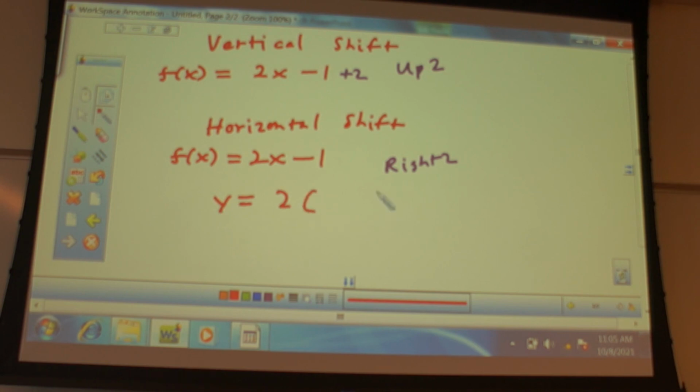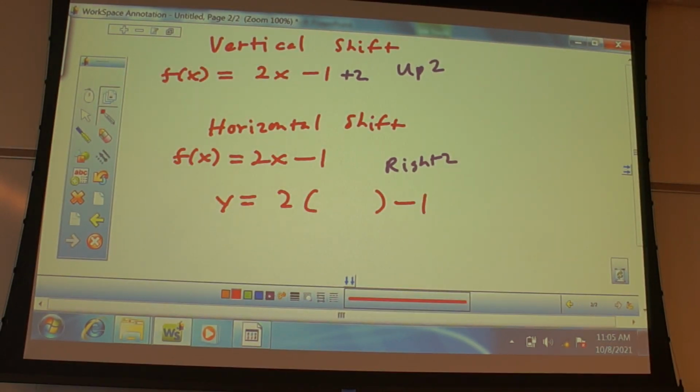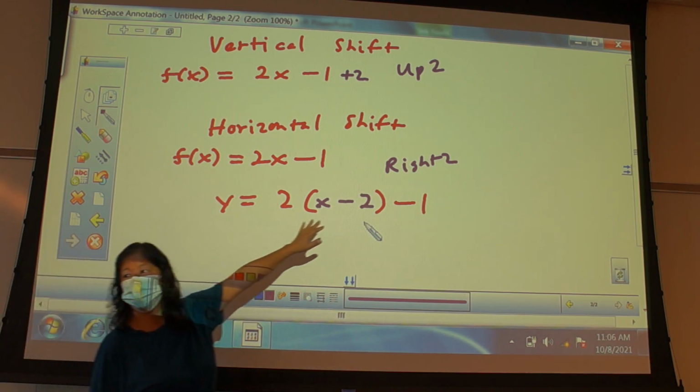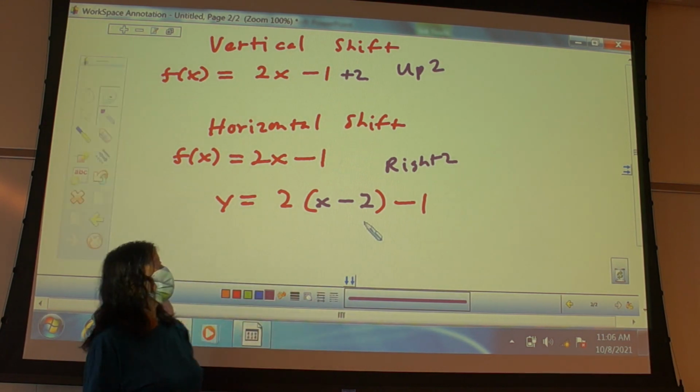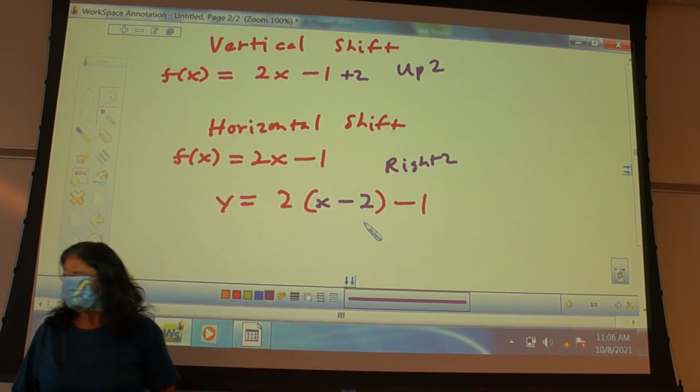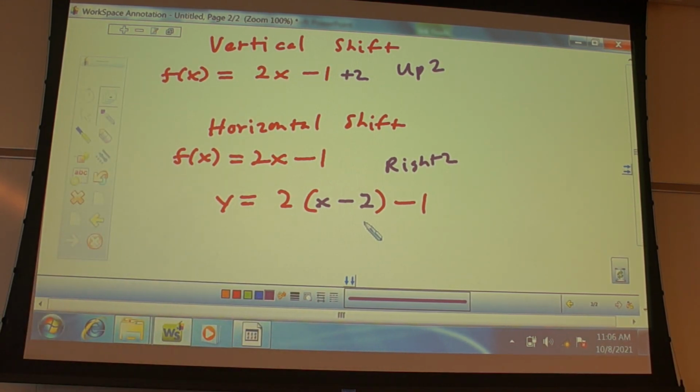Inside here goes x minus 2. Right, it's on the inside, right where x is. And then you would distribute, multiply out the 2 times 2x and then 2 times minus 2.